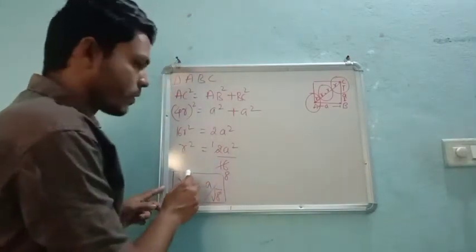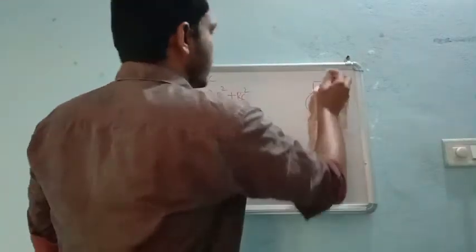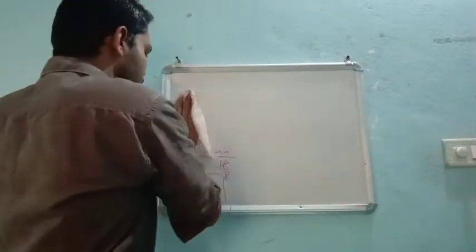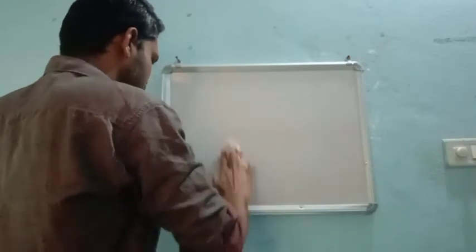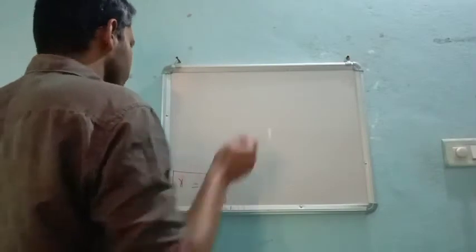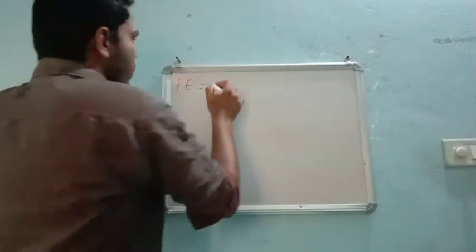This we now require for our packing efficiency formula. Right now you can directly put this value of r in your packing efficiency formula. So packing efficiency is equal to number of atoms.